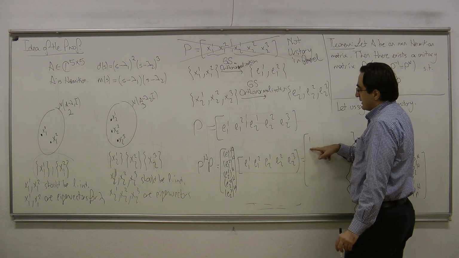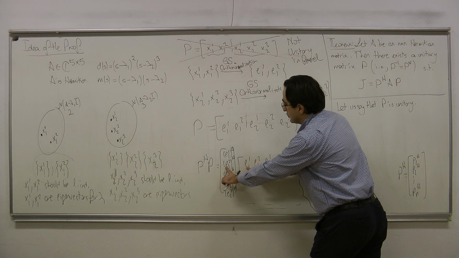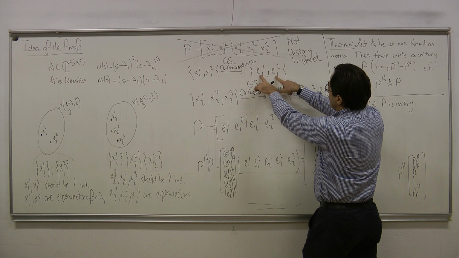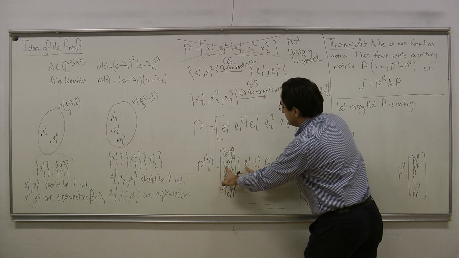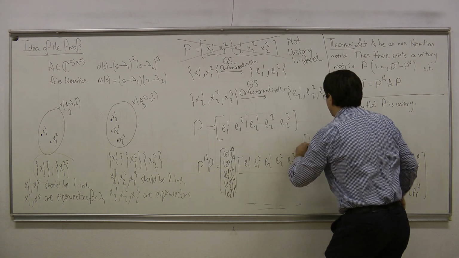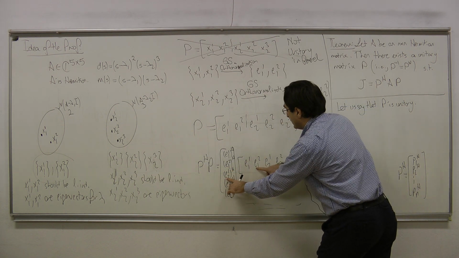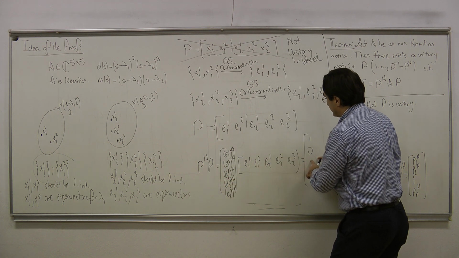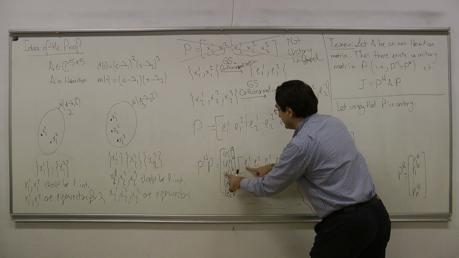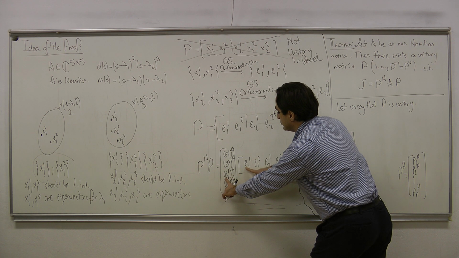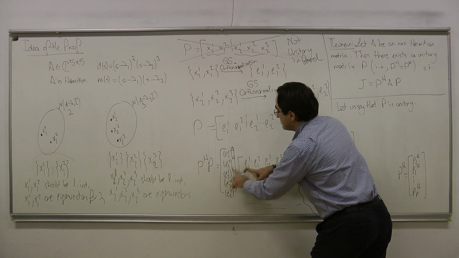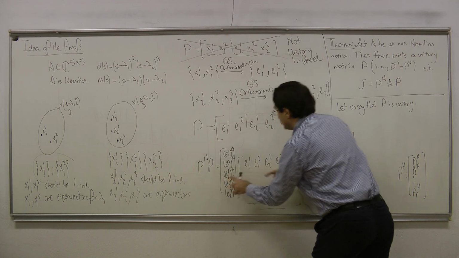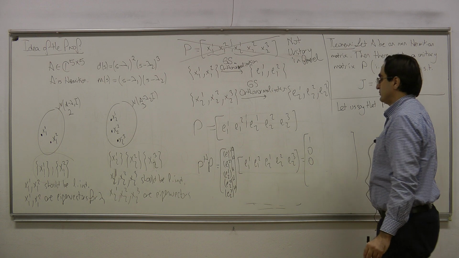And the second element would be the inner product of these two vectors. Because these two vectors are orthogonal to each other, such an inner product would give me 0. And furthermore, if I obtain the third row here, it is going to be the inner product of these two vectors. These are eigenvectors belonging to distinct eigenvalues. That means that this inner product would be equal to 0 as well.